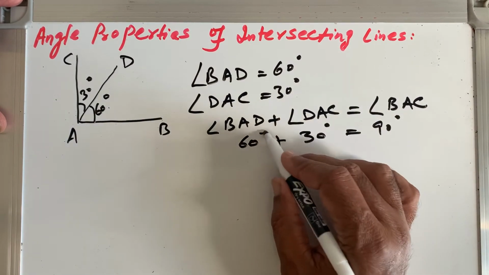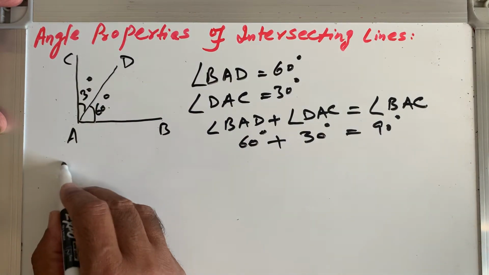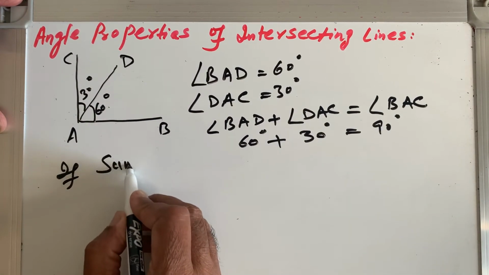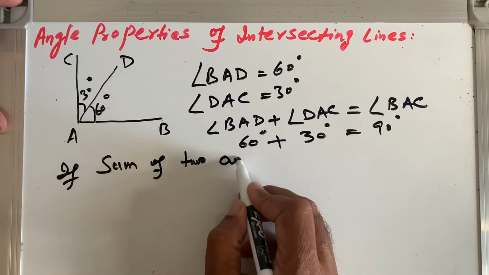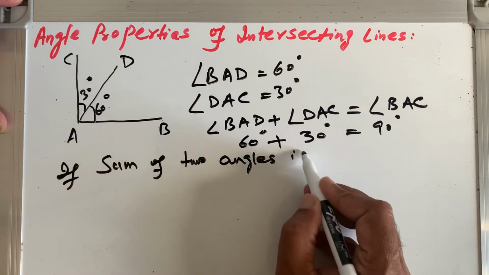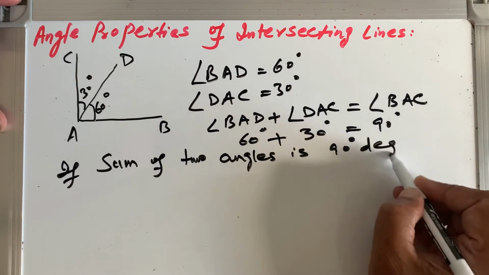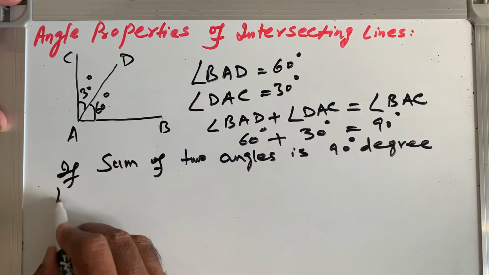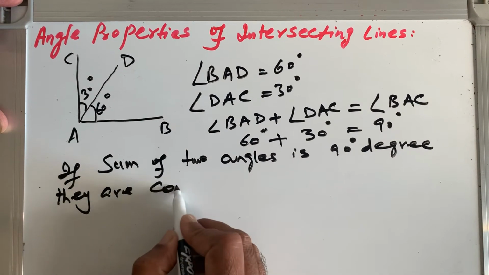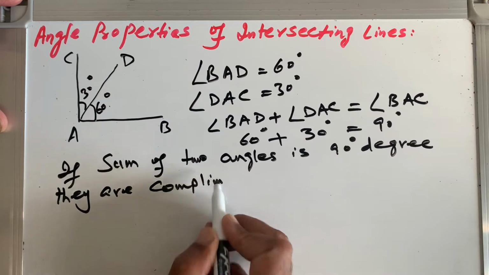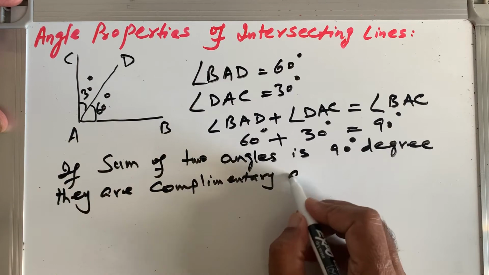So here is the definition for complementary angle. If the sum of two angles is 90 degree, they are called complementary angles of each other.